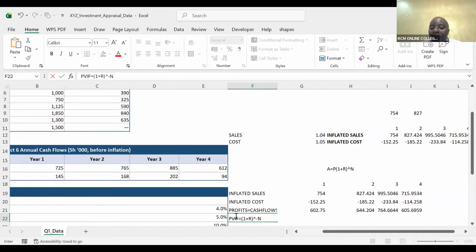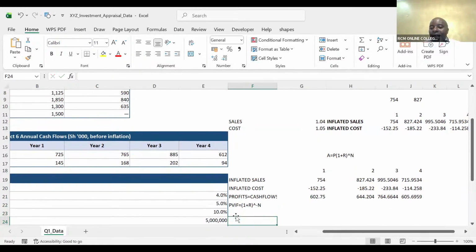So remember, the very best, always do these 1 plus R separately. Do the 1 plus R separately. So we have here our 1 plus R, ladies and gentlemen. Remember, our cost of capital has been provided to us.